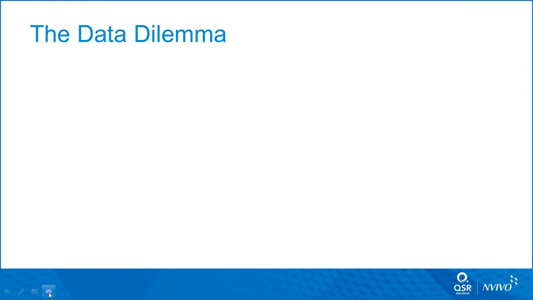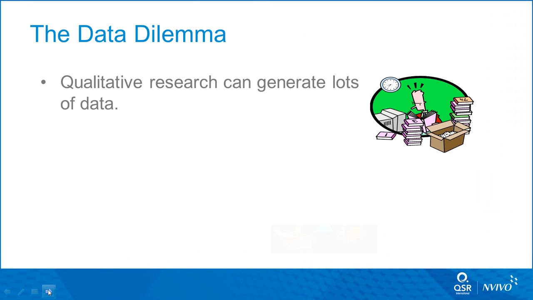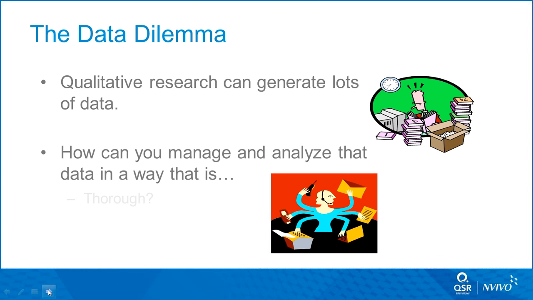And just to contextualize it a little bit, when you think about qualitative research, you think about the data dilemma. That qualitative research can generate a lot of data, and you want to, as a researcher, be able to manage and analyze that data in a way that's thorough, that's transparent, and also in this day and age transportable. And that's where NVivo comes in as a tool to help you work towards those goals.